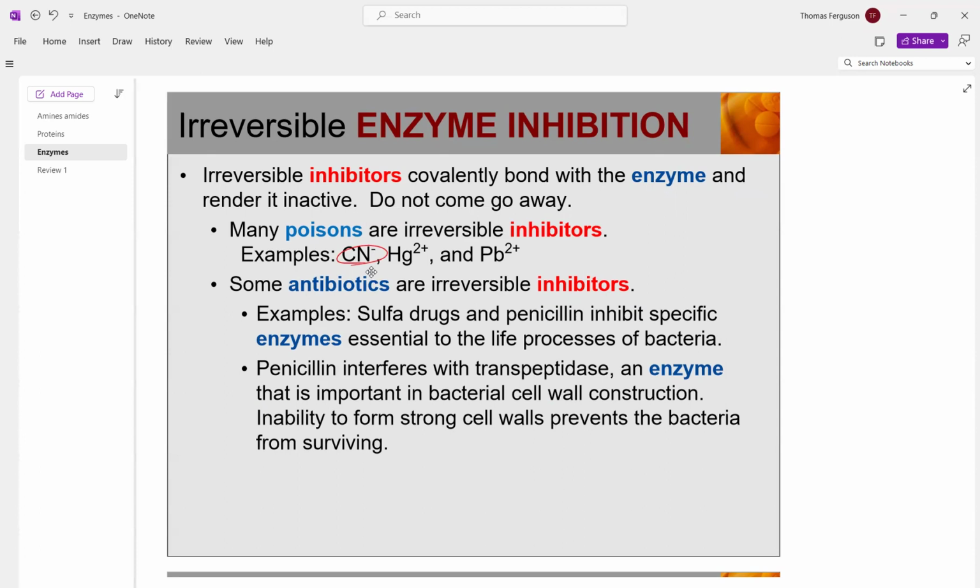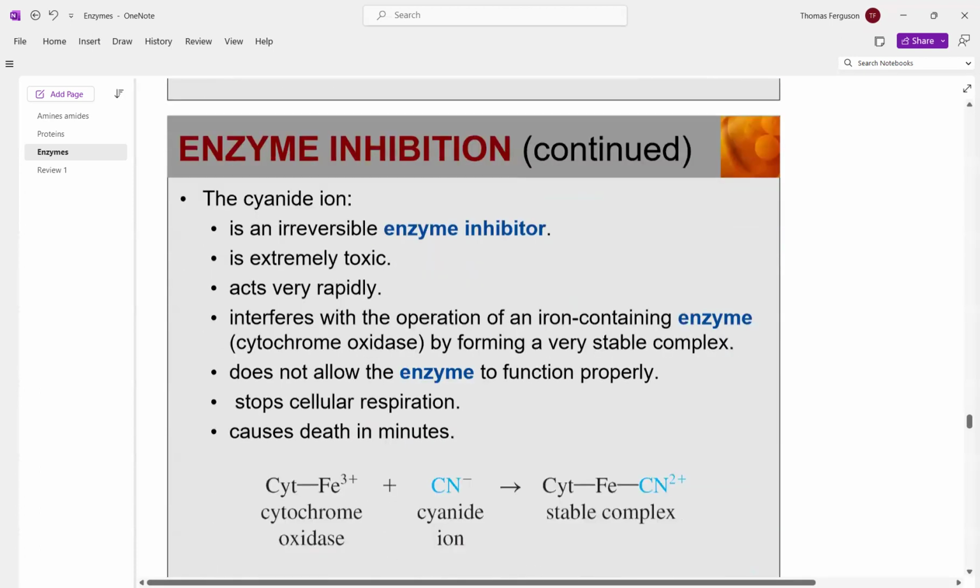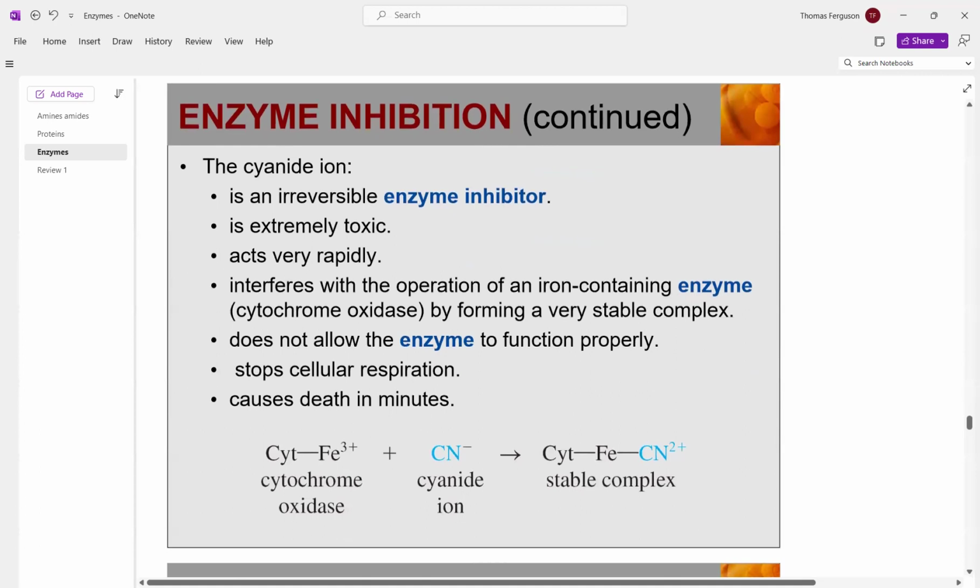Penicillin works on cell walls. It makes the cell walls very weak and puts holes in them. This is the last enzyme in the electron transport series of the metabolism.